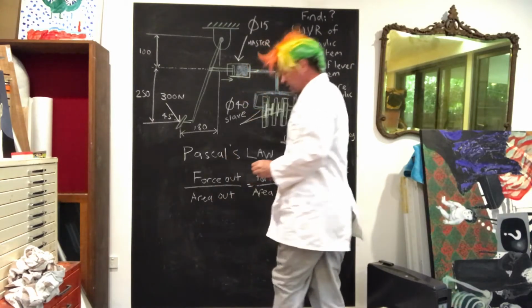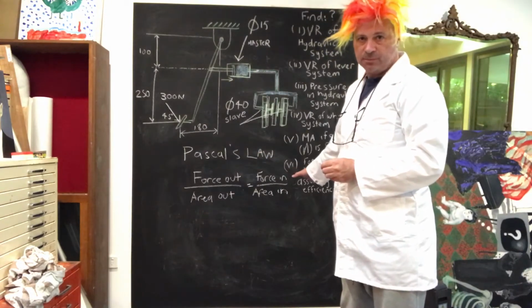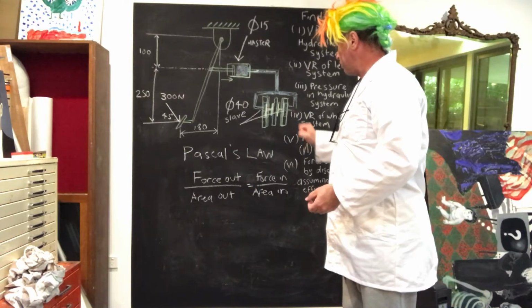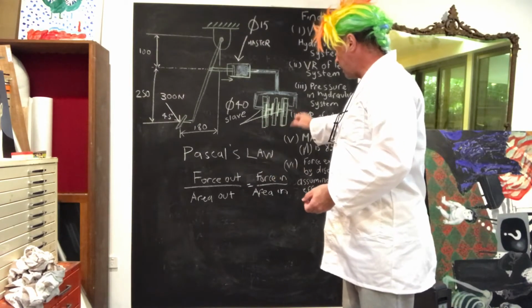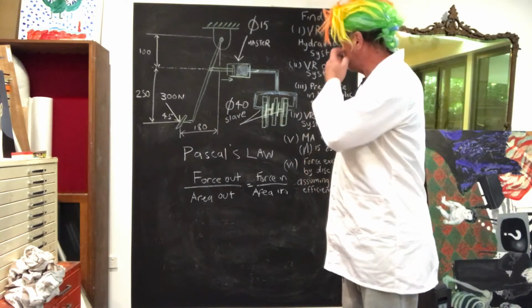So basically what that's telling you is that the two ratios have to agree with each other. You can change those formulas around and make it force out on force in equals area out on area in, etc., etc. So there's lots of stuff you can do with that equation.